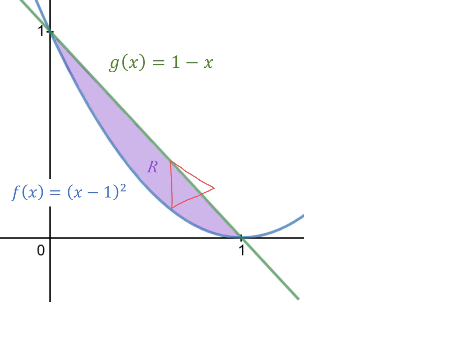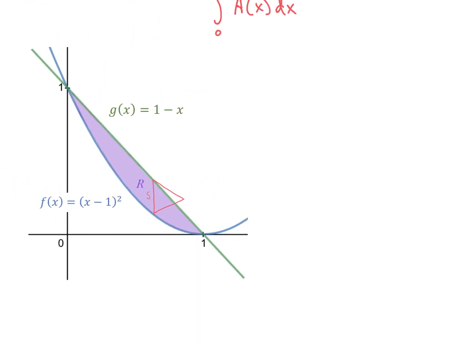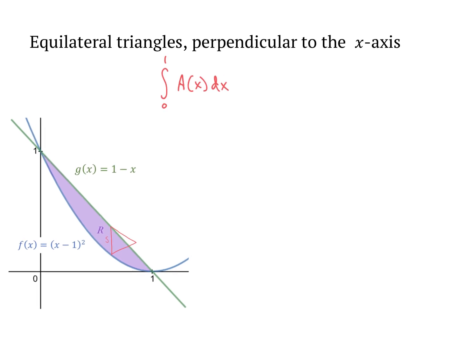So yeah, it's really like a side length. So let's call that S. All right, and then the formula for the area of an equilateral triangle is S squared root 3 over 4.